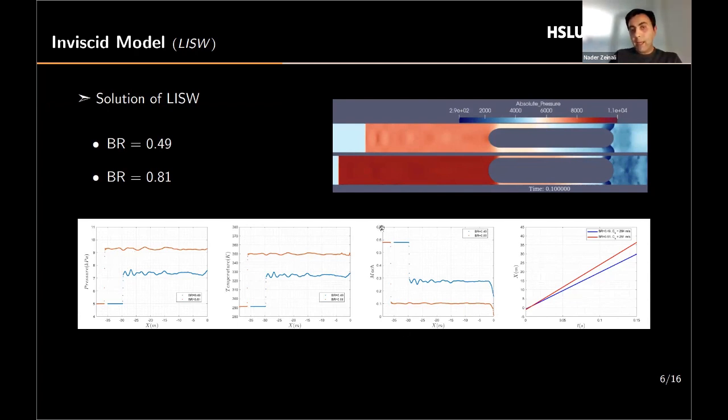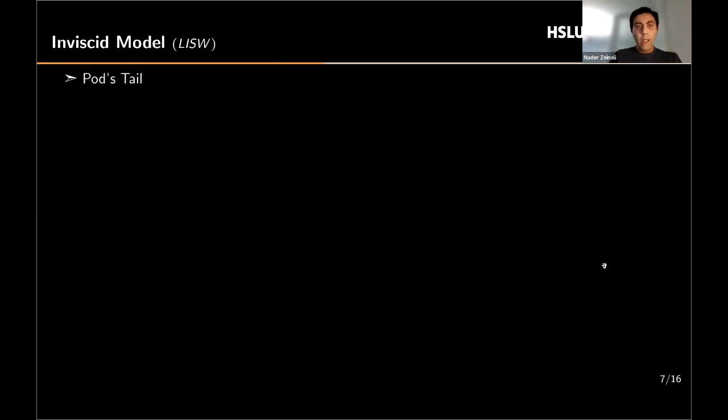By calculating pressure gradients, we were able to numerically detect the location of the shock wave over time. Then we were able to calculate the speed of the shock wave. For the case of blockage ratio 0.81, you see that the speed of the shock wave reaches 251 meters per second, which is 51 meters per second higher than the speed of the pod.